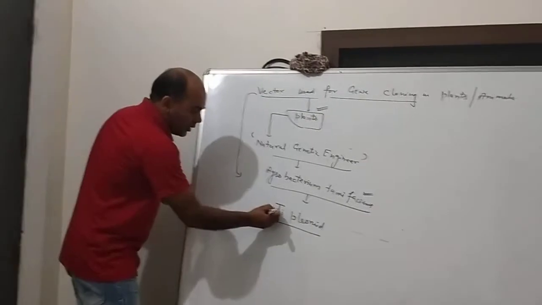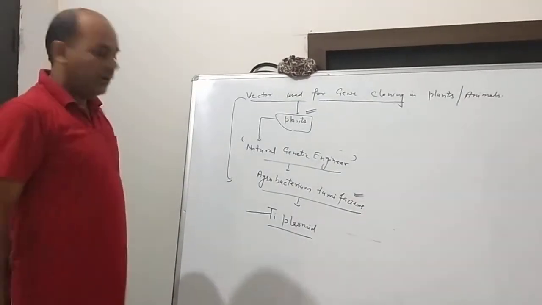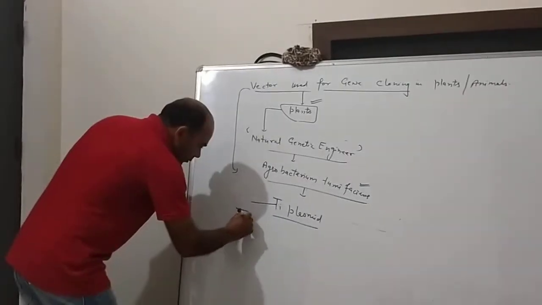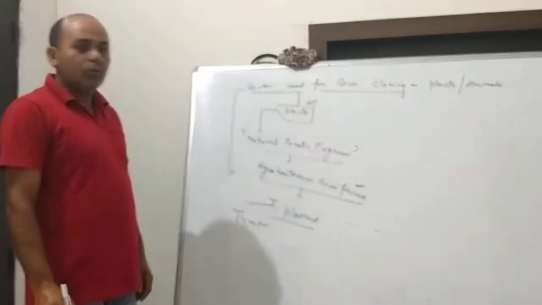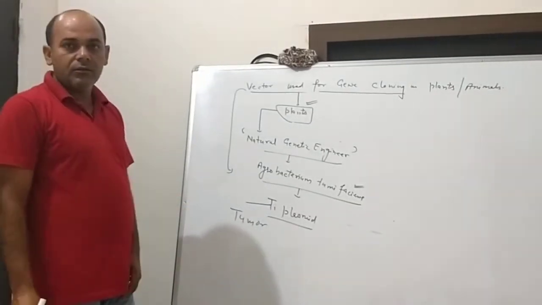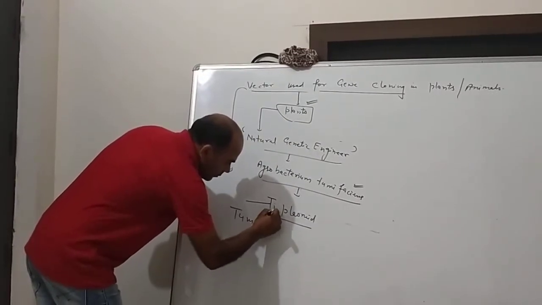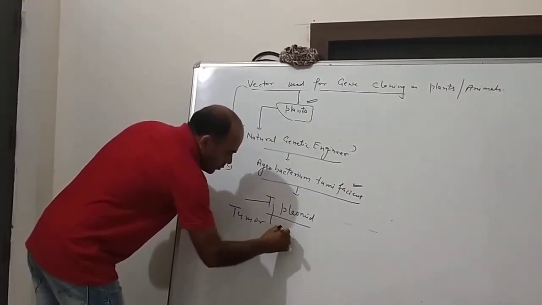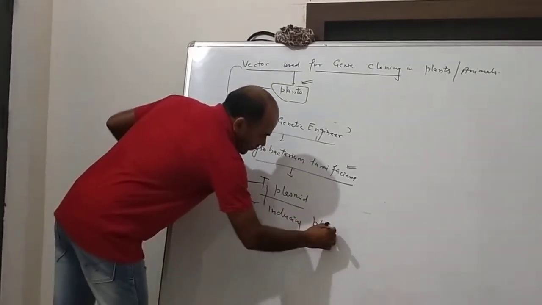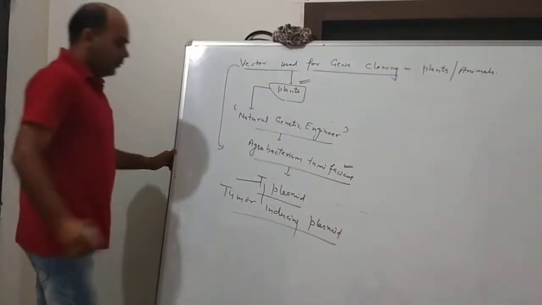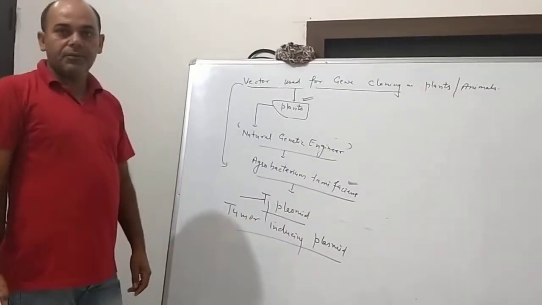The T indicates tumor, and the I indicates inducing. This is the full form of the Ti plasmid: tumor inducing plasmid.